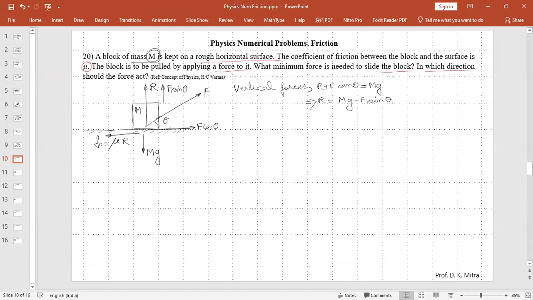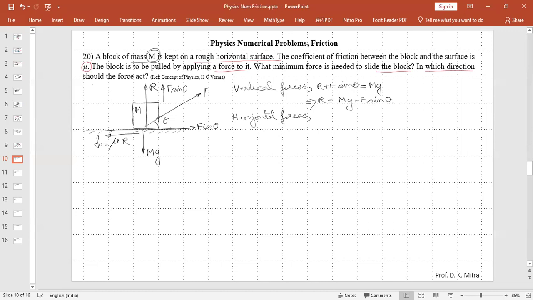And now let's take the horizontal forces. The trick is you have to only identify the forces in rectangular directions, vertical and horizontal. If you can identify all the forces, you can always solve the problem.